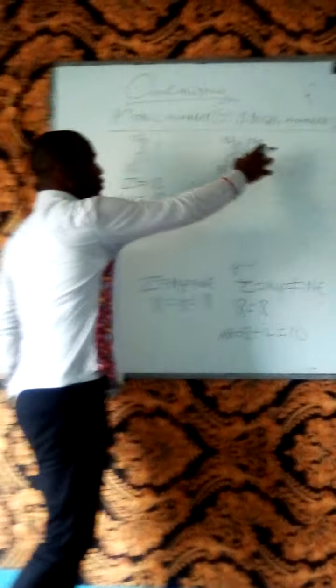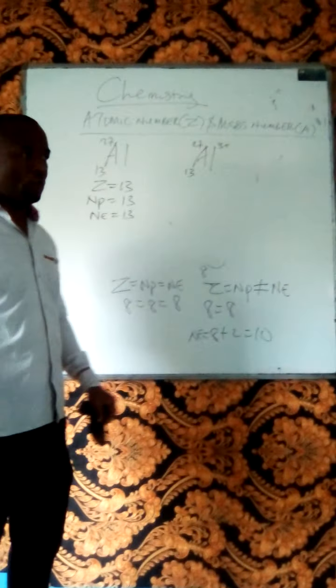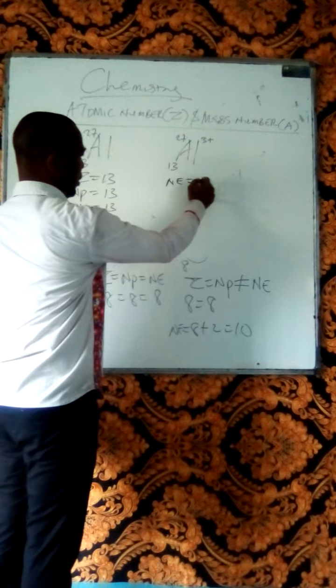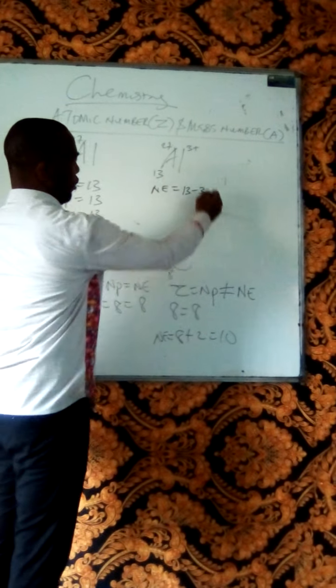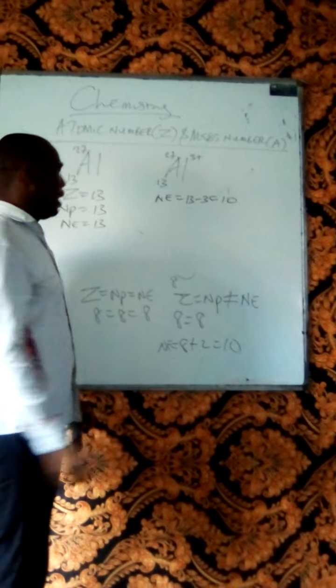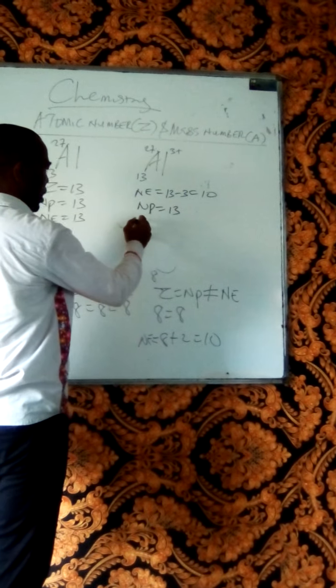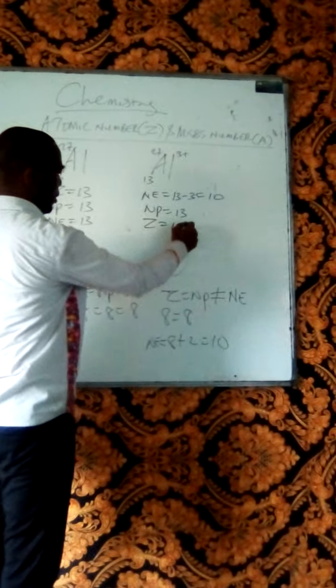All these are equal to each other because the atom has no charge. But this one, the positive charge, indicates loss of electrons. So the number of electrons becomes 13 minus 3, which gives you 10, while protons remain 13 and atomic number Z also remains 13.